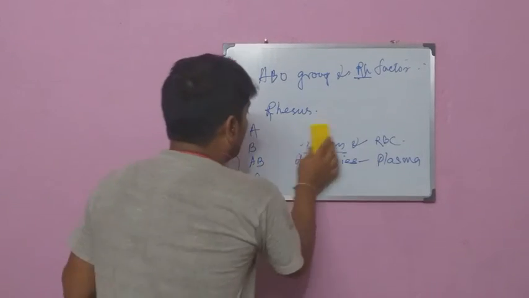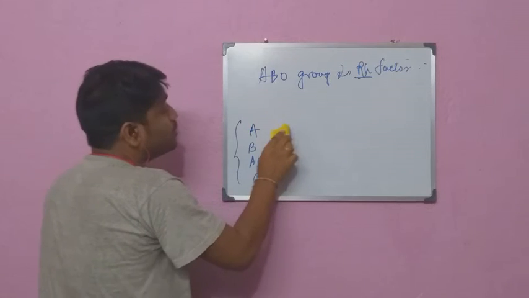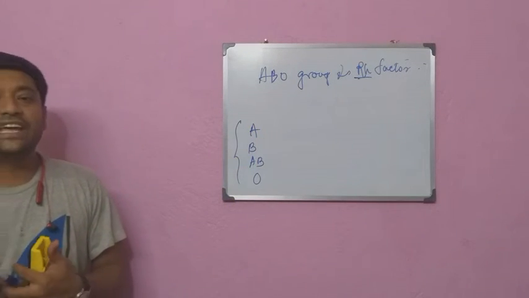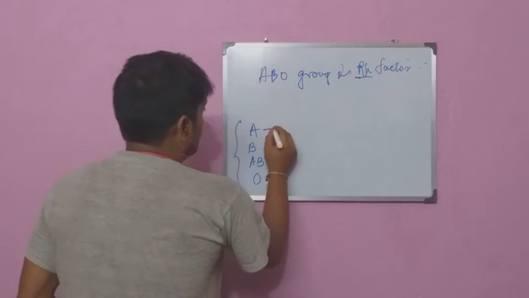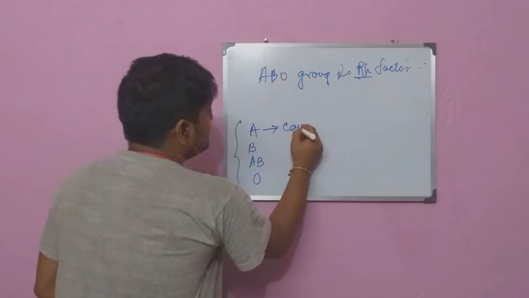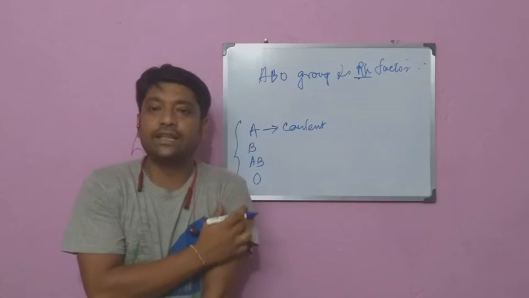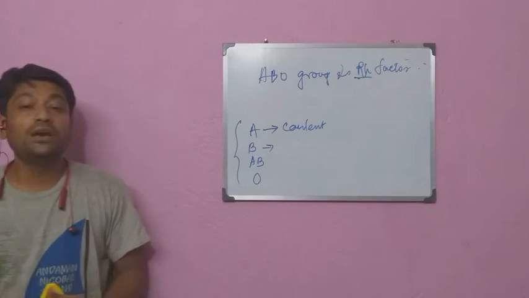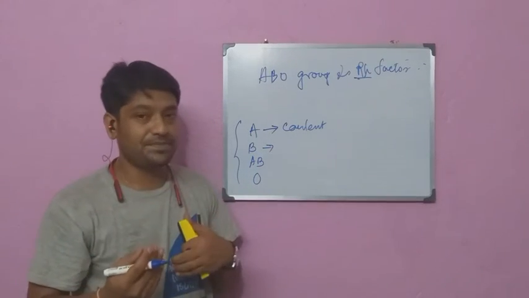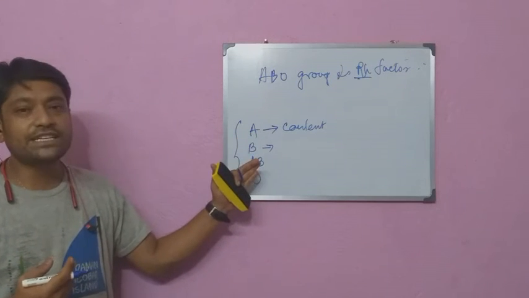First of all, A group blood contains antigen A and antibody B. Blood group B contains antigen B and antibody A. Opposite things.